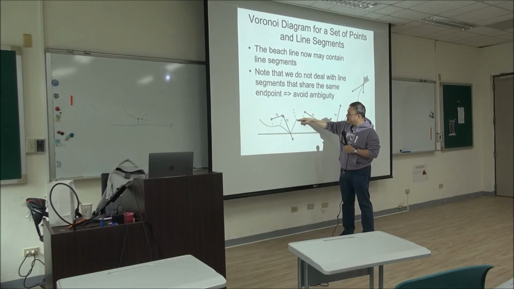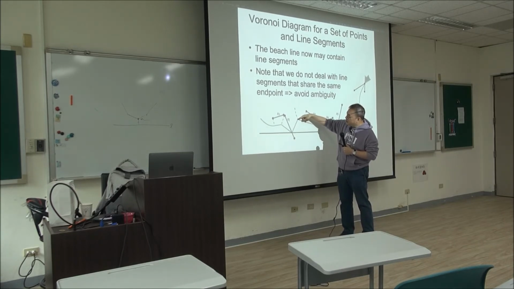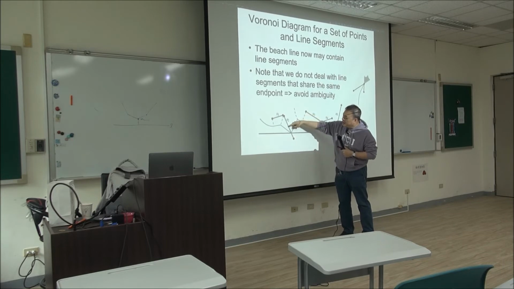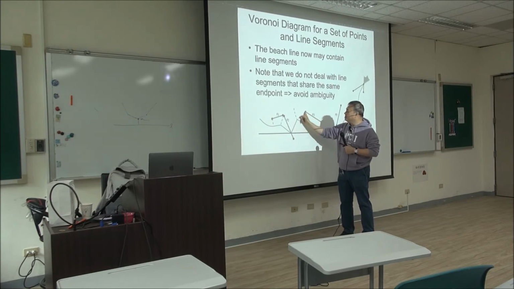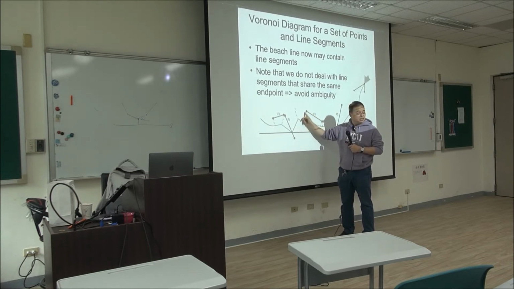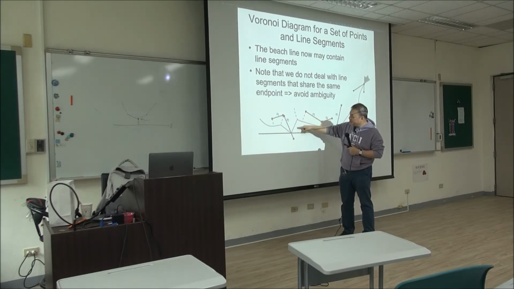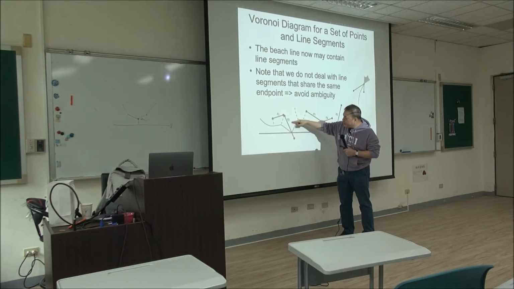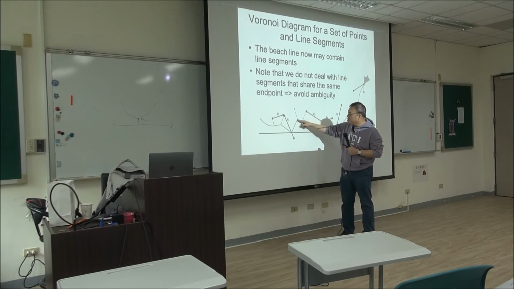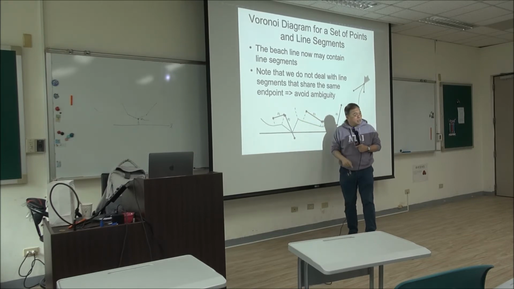You can see it has equal distance to this one, as well as this point, as well as the distance to L. One interior, one endpoint, and the same distance to L.